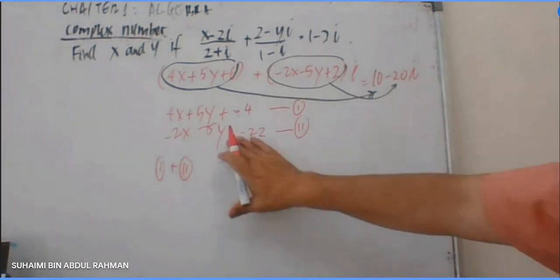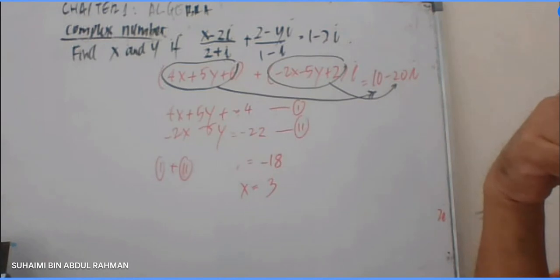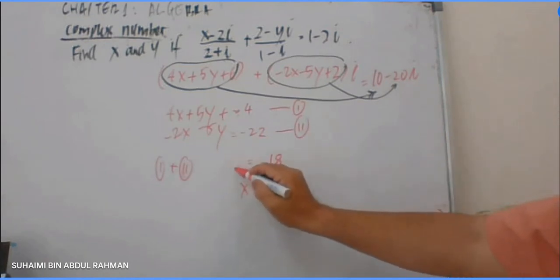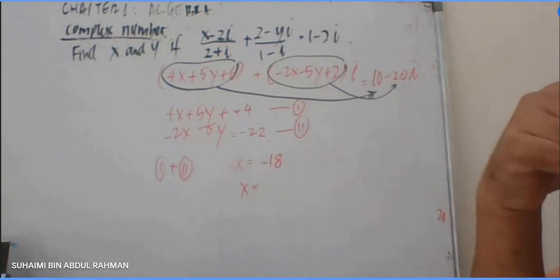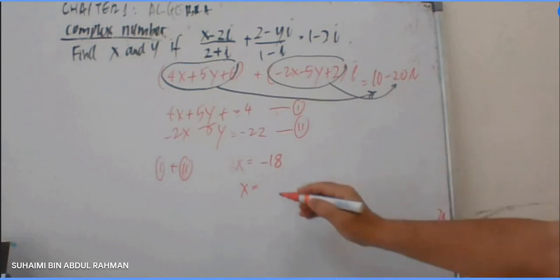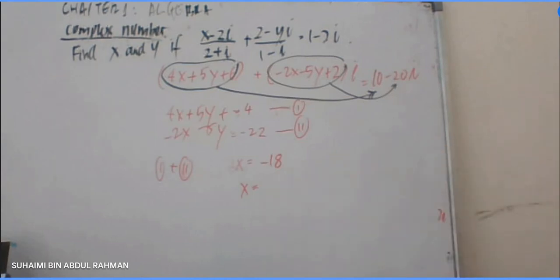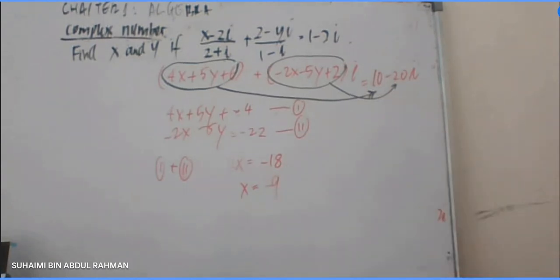Oh, sorry, not minus 6x. Equation 1 plus 2 gives minus x here. So x equal to minus 9.